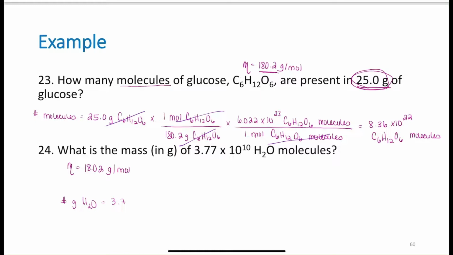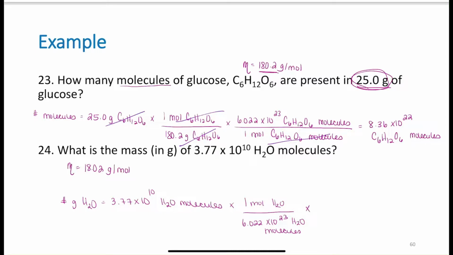I'm starting with 3.77 times 10 to the 10th water molecules. First, I need to convert to moles. 1 mole of water contains 6.022 times 10 to the 23rd water molecules.